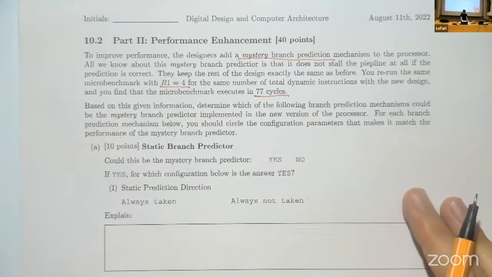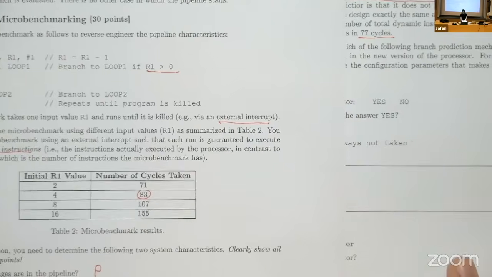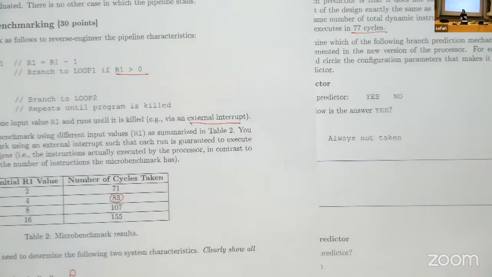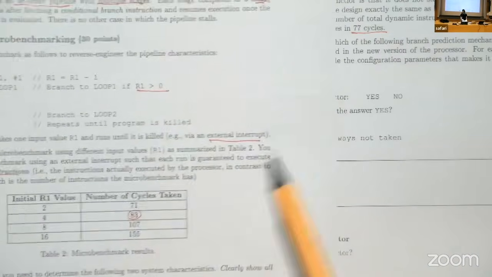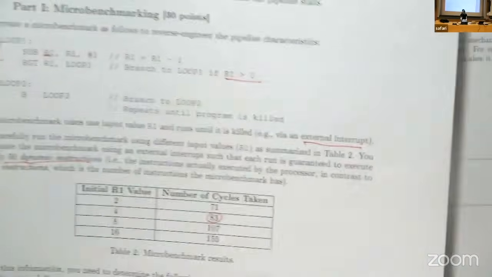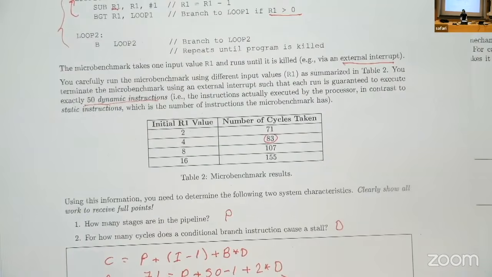And okay, to compare it to this, here we know that it took this many cycles, 83. So basically the difference between both cases is that in one of them we didn't mispredict one, we didn't get the stall. So we know that the difference between these two cases is 6, which is equal to one conditional branch instruction causing a stall, right?